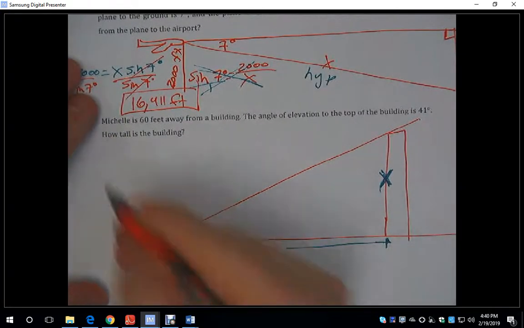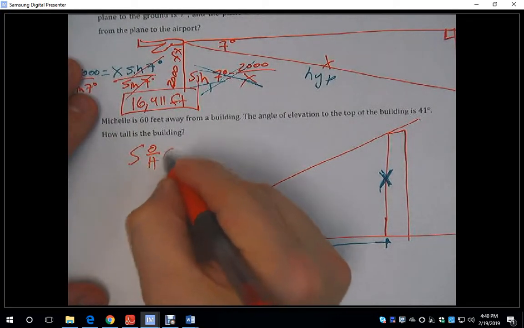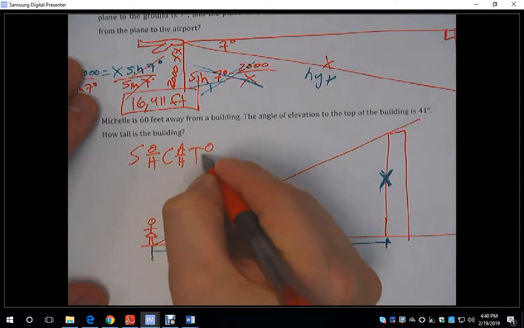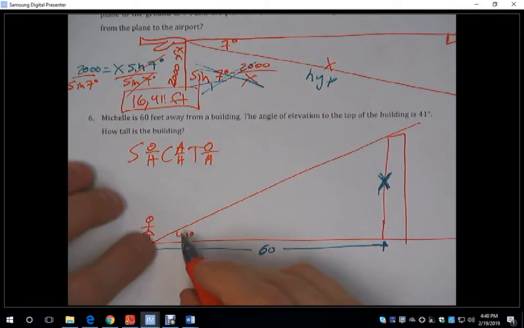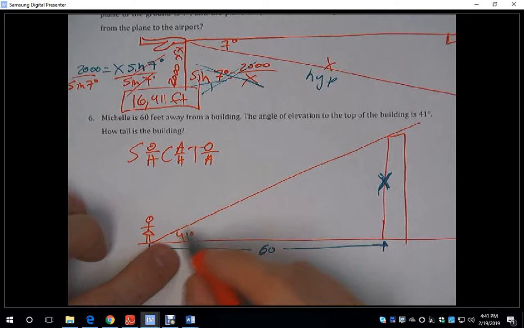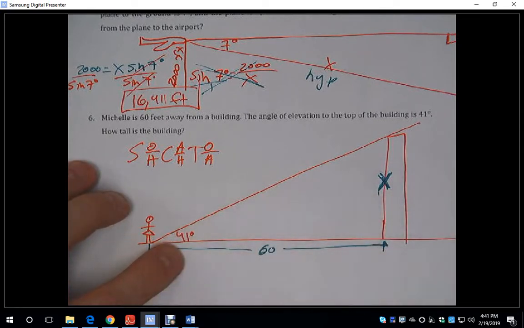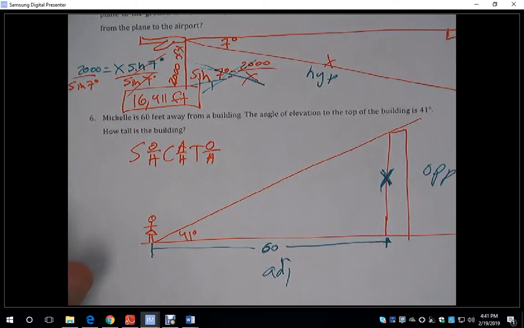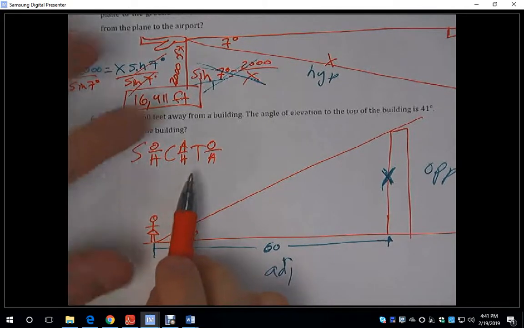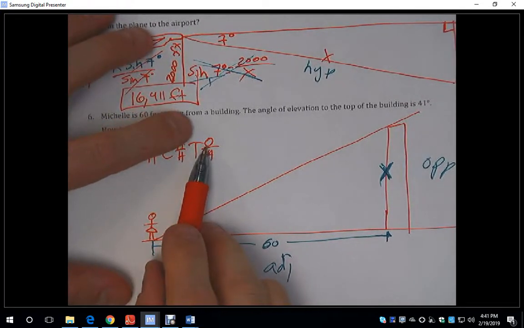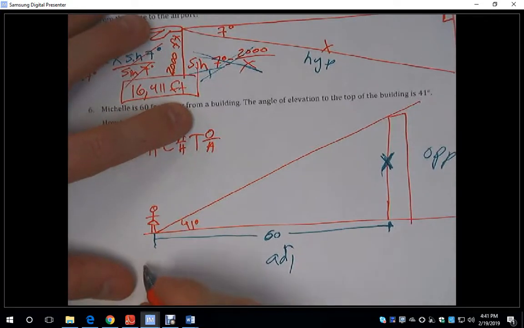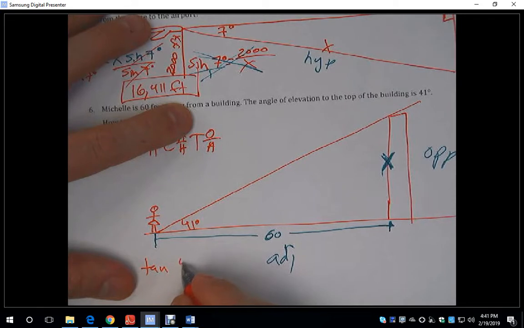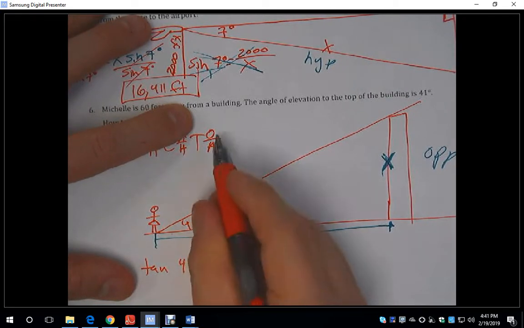Well, out of our choices of SOH CAH TOA, x, from my perspective of the 41 degrees, is my opposite. 60 is my adjacent. So out of the choices, I should use tangent. Tangent of our angle of 41 degrees equals opposite over adjacent.